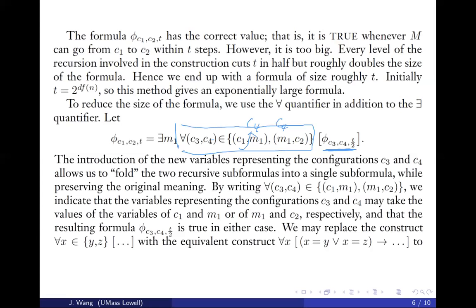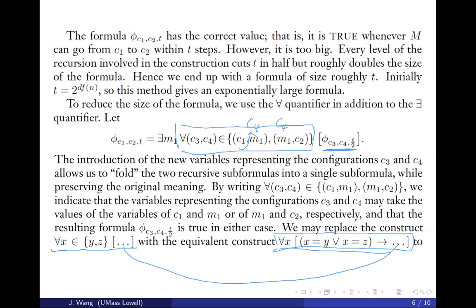For all x in {y, z} followed by a formula is equivalent to for all x, x is equal to y or x is equal to z implies the same formula here. So that is in the form we are looking for. So this is a fully quantified Boolean formula.